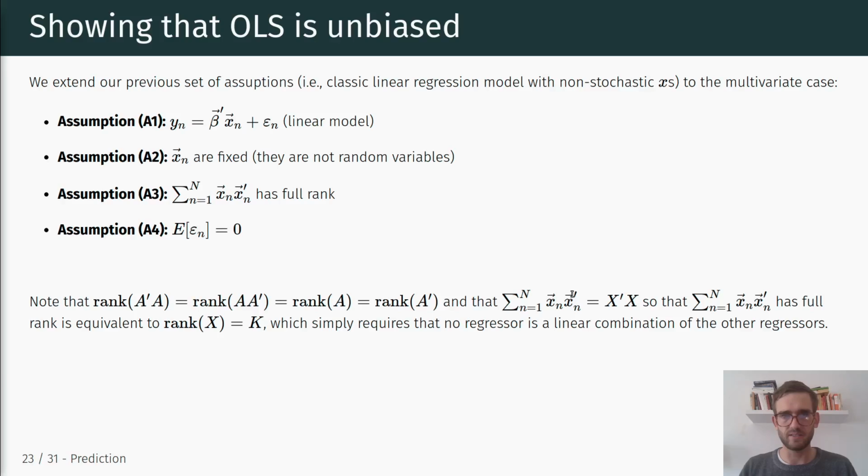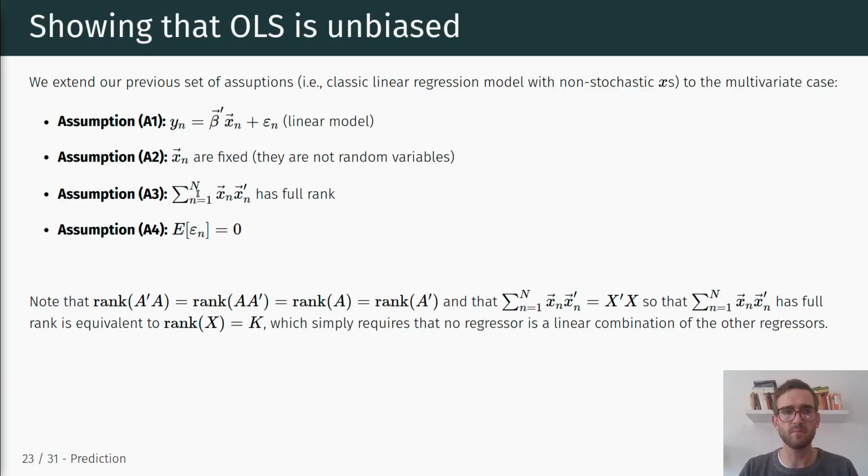That is just to say that xn prime having full rank means that the rank of x, the original data matrix, is equal to k, which, as I talked about in a little more detail in the last video, implies that none of the independent variables is a linear combination of the other independent variables, right?